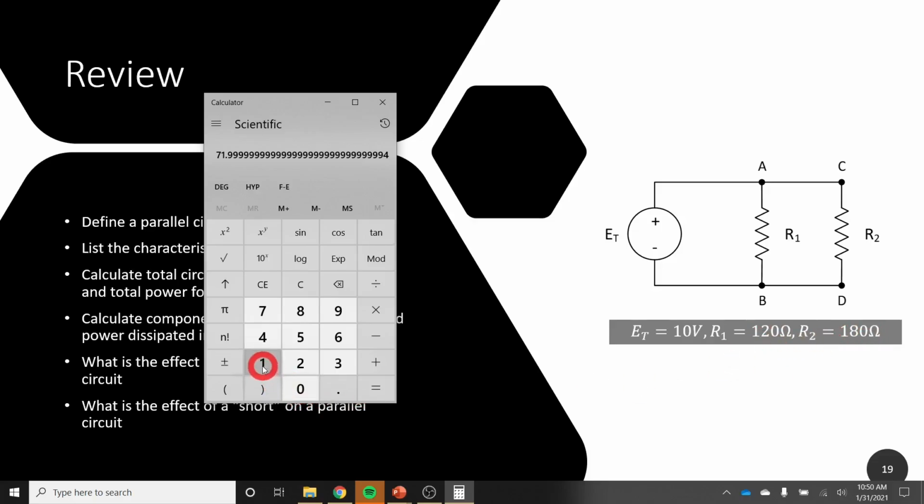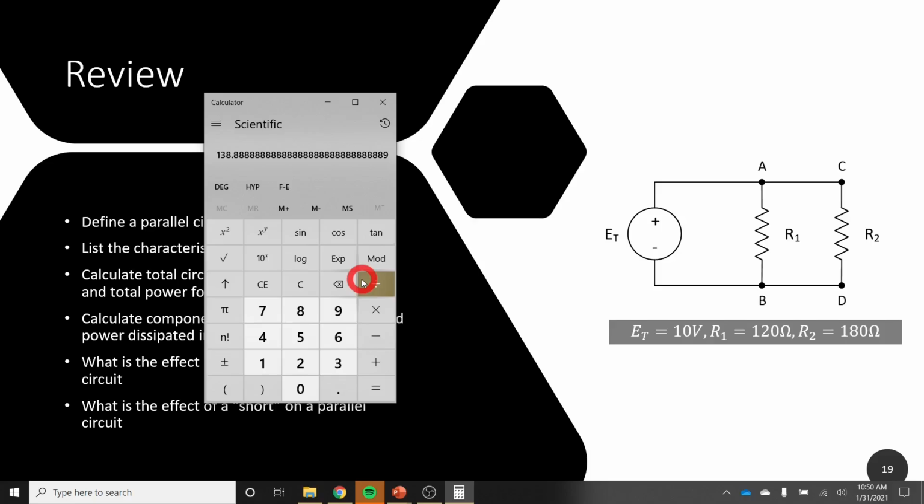Okay, so now to get my total current, I'm going to take 10 and divide by my 72 ohms. Okay, so my current, I'm going to multiply by 1,000 here to put it into milliamps, is going to be 138.889 milliamps would be my total current.